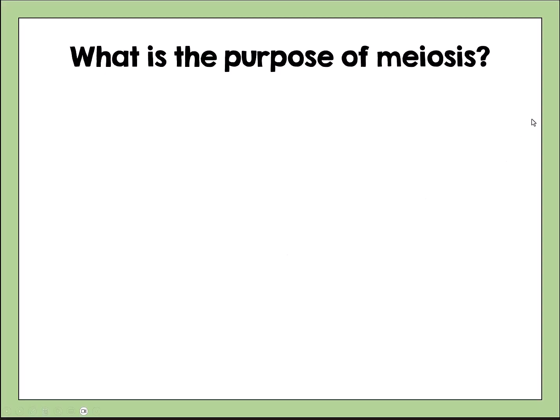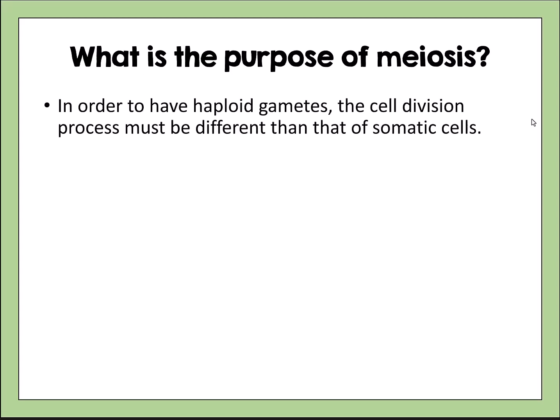Okay, now that we've gotten that terminology out of the way, what is the real purpose here? Why is there a different cell division process for sex cells than there is for any of the other cells in your body? Well, in order to have haploid gametes, or reproductive cells, the cell division process must be different than that of somatic cells.